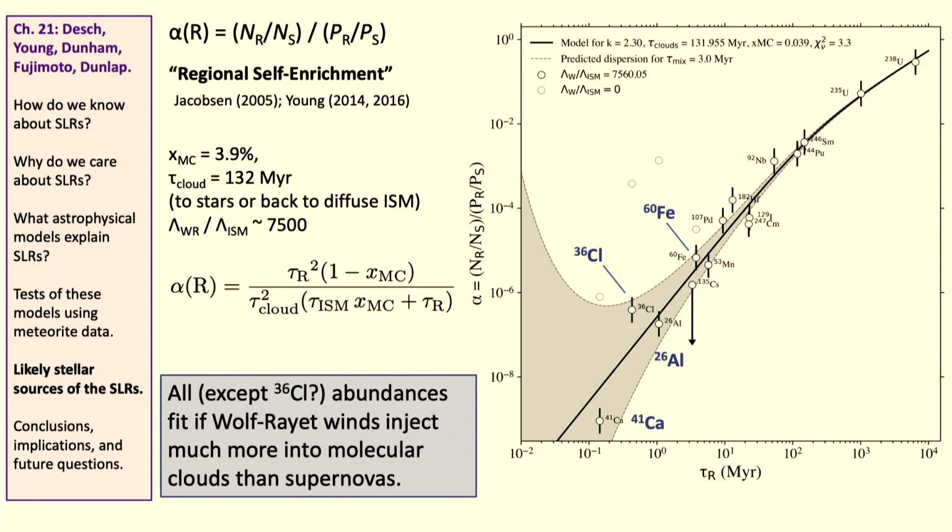One of the aspects of this model, Ed Young's model, and our general picture is that you're constantly putting stellar inputs into molecular clouds or into the diffuse ISM and molecular clouds, and then they're mixing, and because this is all happening in the spiral arms and it can happen over hundreds of millions of years, you slowly build up this steady state abundance. It kind of obviates some of the timing issues, but not all, so I'm just going to have to leave it there and say it's a very important question.